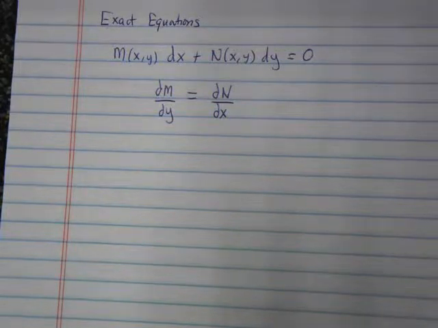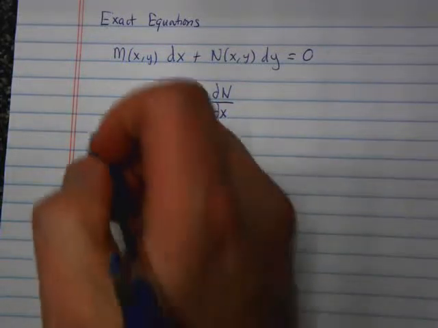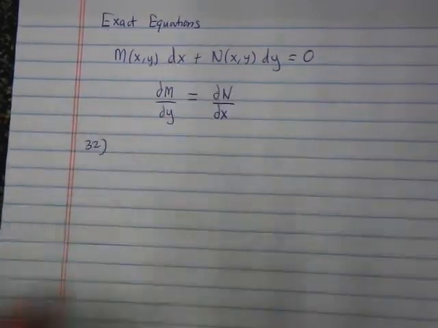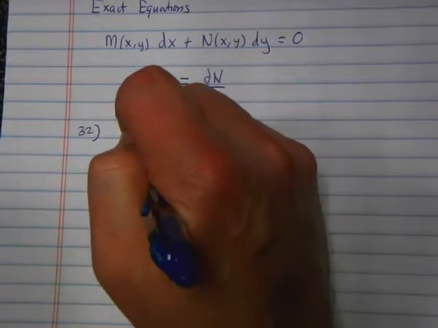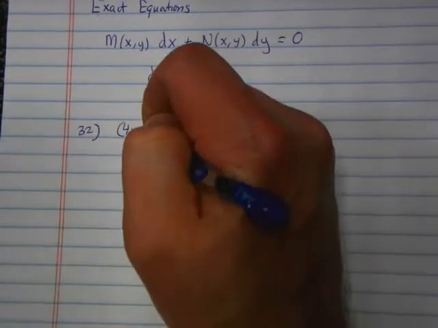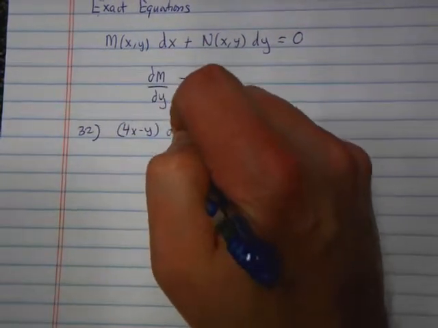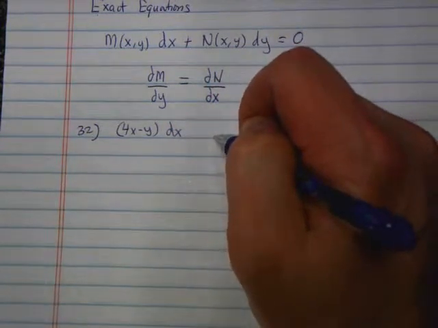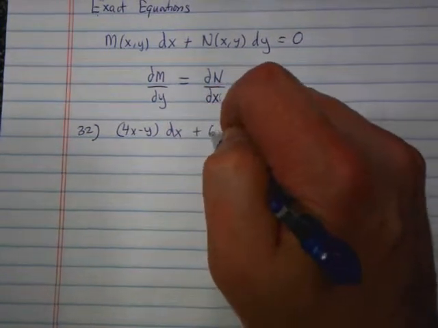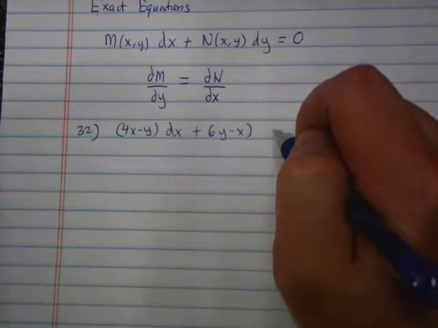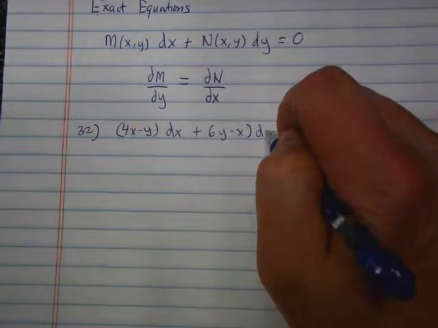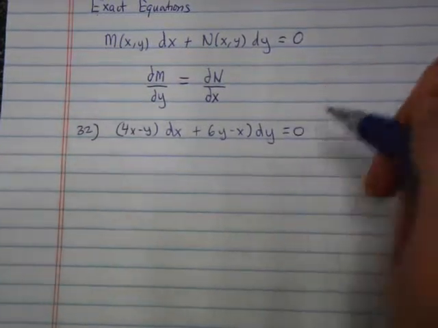All right, so let me give you an example of an exact equation. Number 32 out of the book. Number 32 has 4x minus y times dx plus 6y minus x dy equals 0.